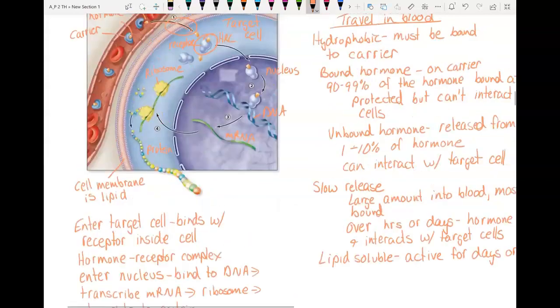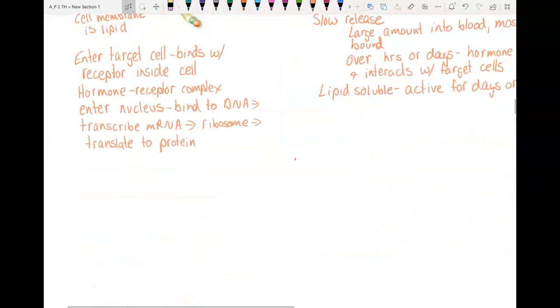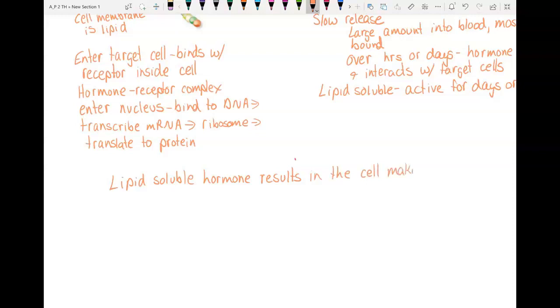So you end up building a protein. So to summarize, a lipid-soluble hormone results in the cell making a protein. Whenever you have a lipid-soluble hormone, your cell is going to respond by building protein, doing protein synthesis.